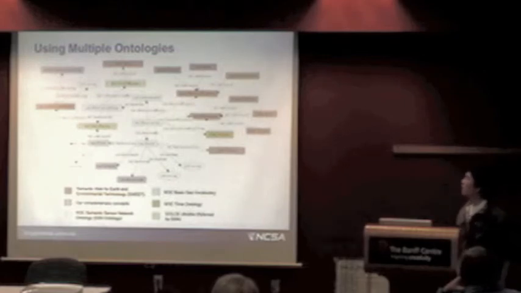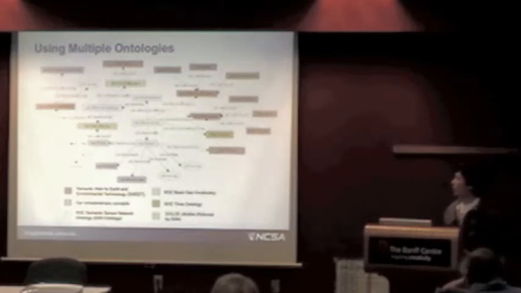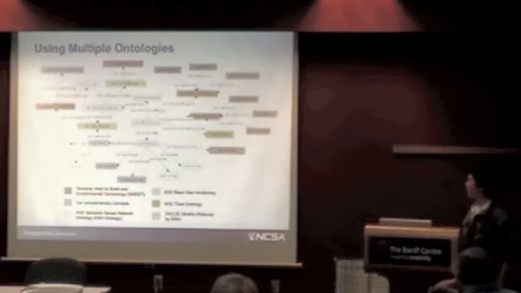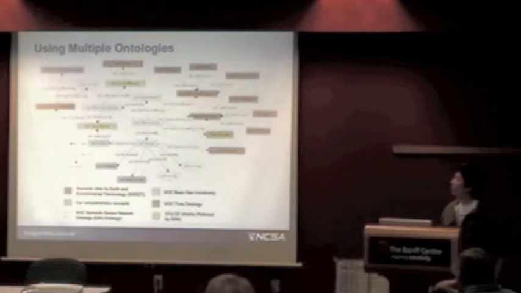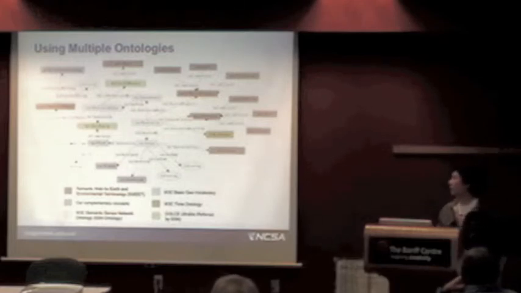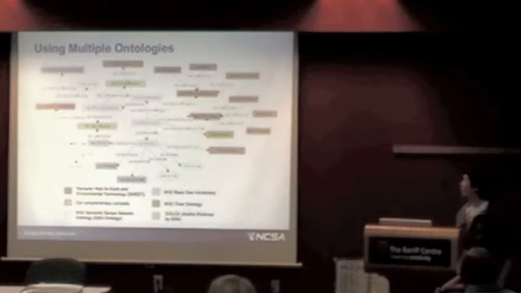So let's talk about the ontologies. We use multiple ontologies here. The two major ontologies are the SWEET ontology, Semantic Web for Earth and Environmental Terminology, which provides us a lot of domain ontologies and concepts. Another one is the W3C Semantic Sensor Network ontology.